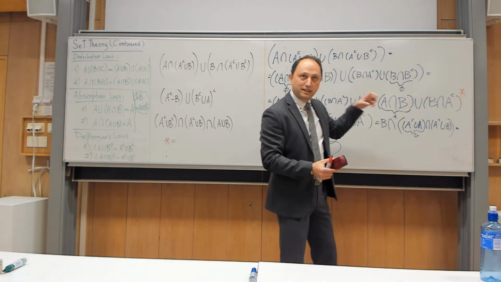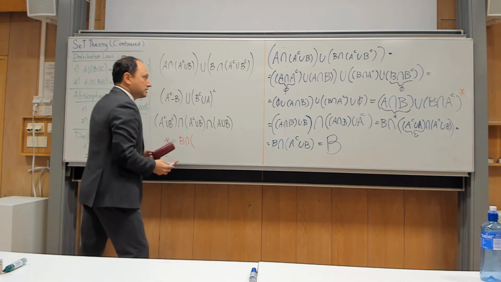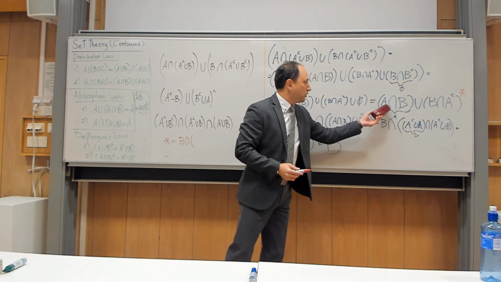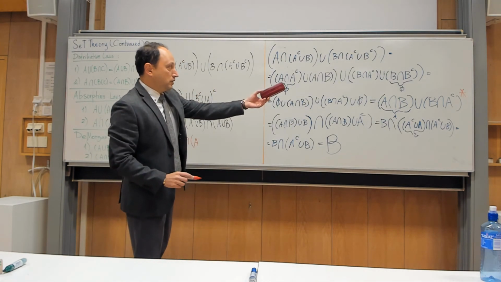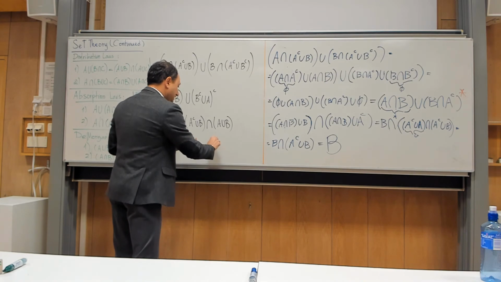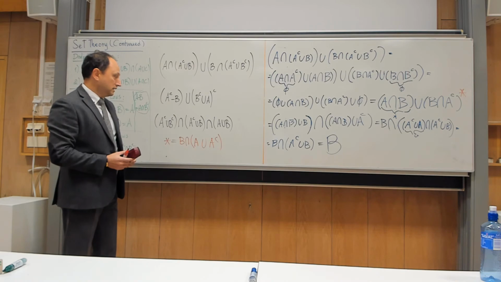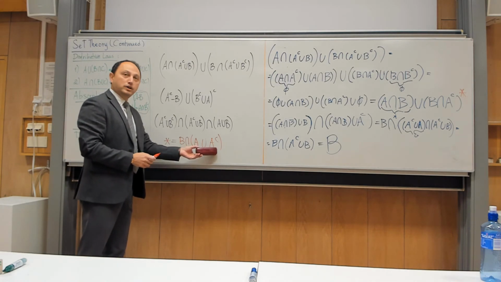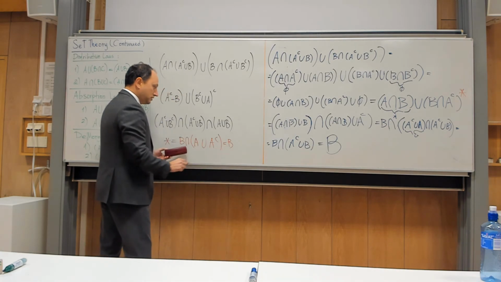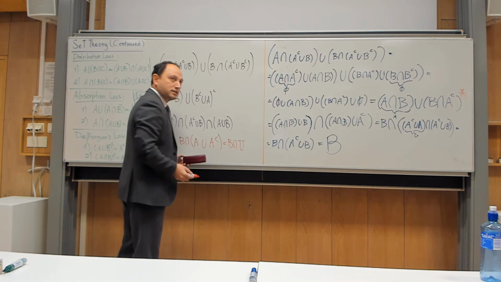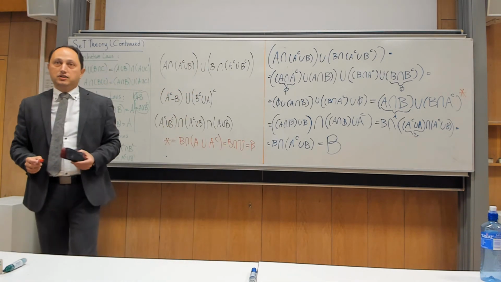So you pull B intersection out. What is left from the first? It is A. What is the other one? A complement. What is the sign between them? Union. And the answer to this is just the universal set. B intersection the universal set, and this is B. So it was much simpler in this case.